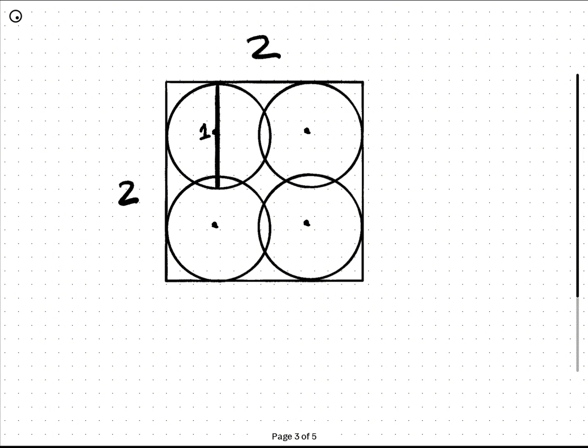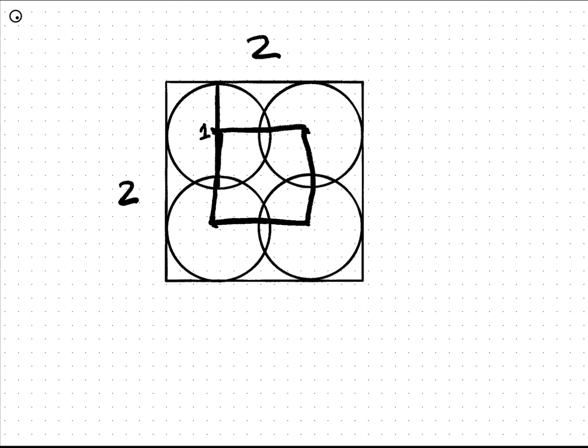Here I've made a drawing of the furthest out a coin can be and still land inside the square. As you can see, they all line up with the edges. But one thing to note is that the center of the coin must lie within this square here.